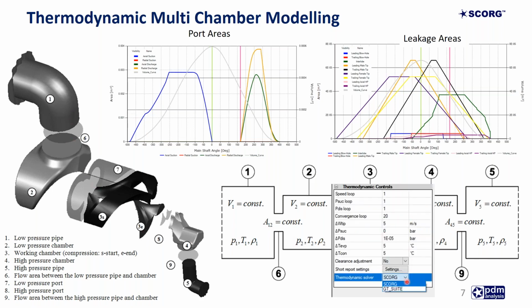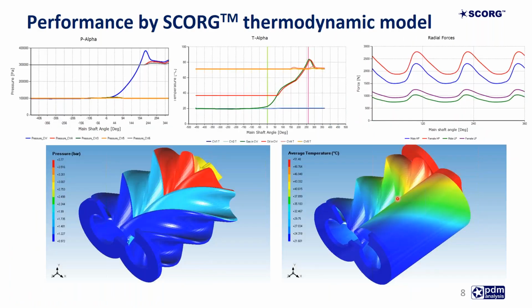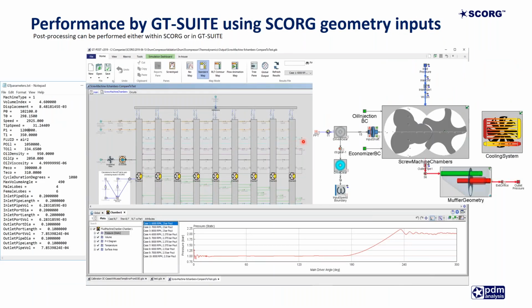And depending on what setup is used, whether it is the internal thermodynamic solver of SCORG, or the external GT-SUITE solver, results could be produced. So if it is the internal model, then obviously pressure and temperatures, as well as radial forces and boundary maps could be produced using this internal SCORG thermodynamic model. But equally, an external GT-SUITE model could be used.